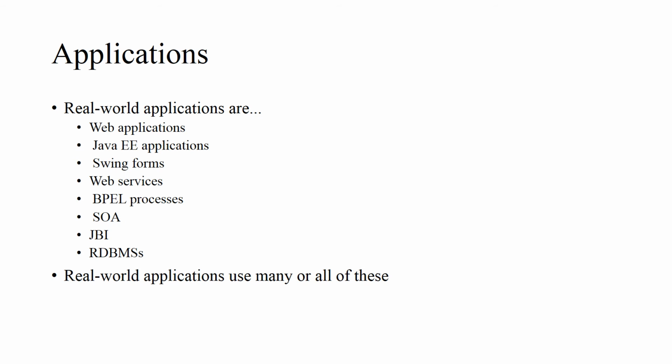The real-world applications are web applications, Java EE applications, Swing forms, web services, BPEL processes, SOA, JBI, RDBMS. So real-world applications use many or all of these. It is not restricted to any single one.